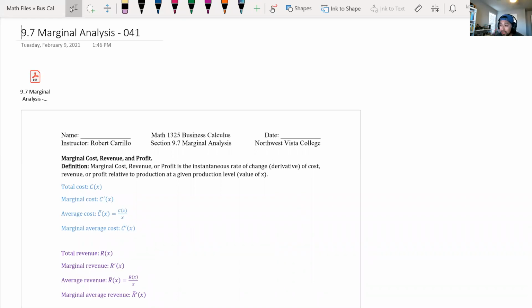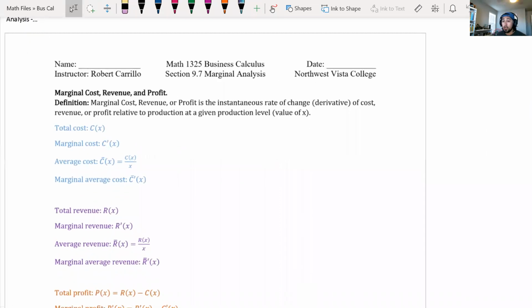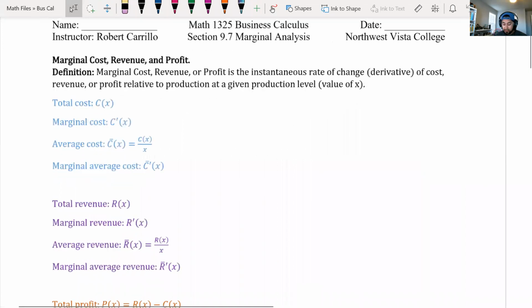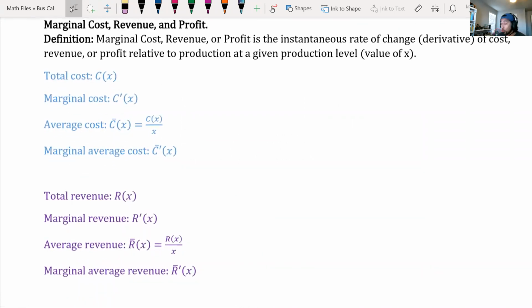As it says there, the instantaneous rate of change of cost, revenue, or profit relative to some production level, or a value of x. Okay, so to go over some definitions, the total cost we know is given by C of x. Marginal cost is given by the derivative of the cost function, C prime of x.